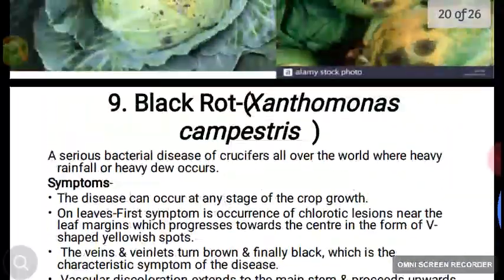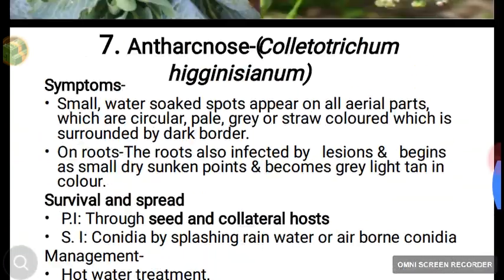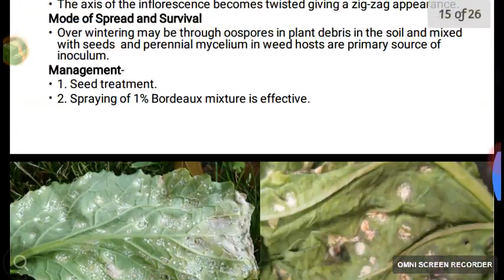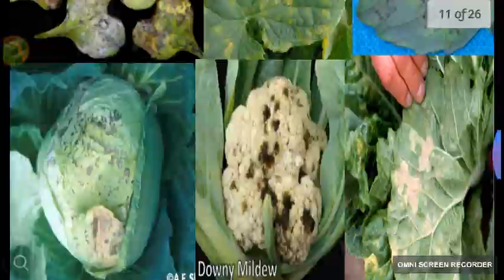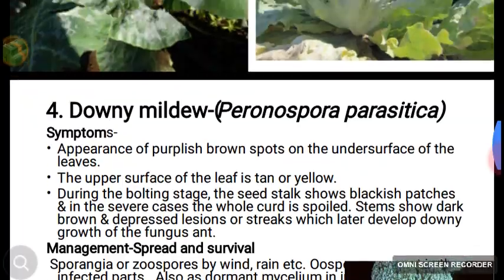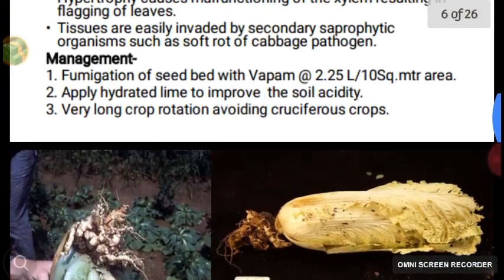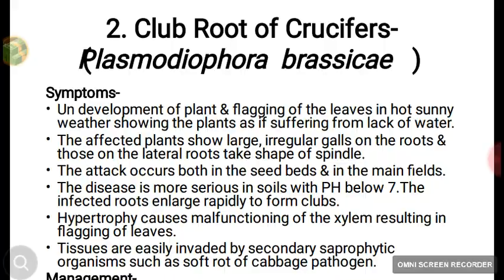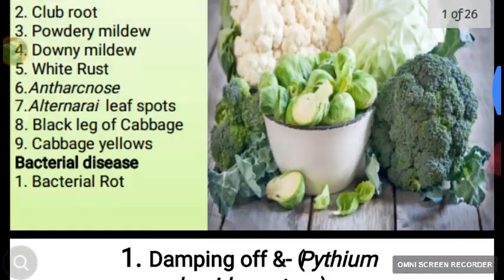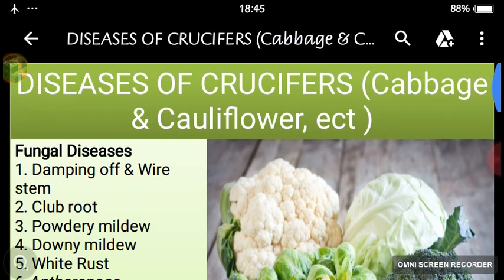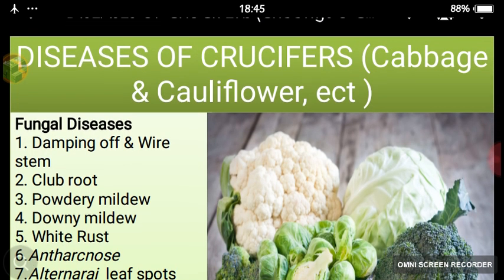That's what we had learned. White stem disease caused by Rhizoctonia solani.